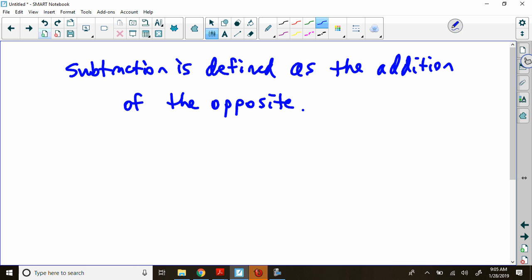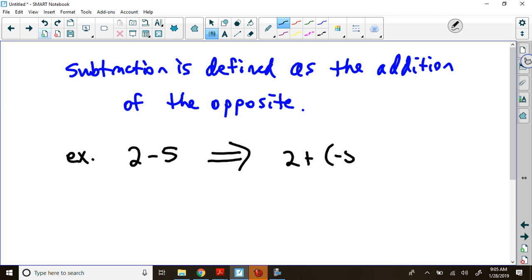That's what subtraction is defined as, the addition of the opposite. For instance, 2 minus 5. By definition, it's 2 plus the opposite of 5. So back to that one, that 6 minus minus 3.